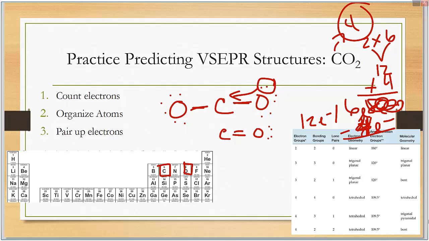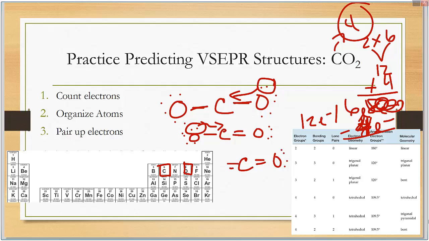Technically, that oxygen could probably share another one to have a single bond and a triple bond. But it seems more natural for the molecule to spread it out. So these electrons come over as well. So we have 2 double bonds. That's how CO2 gets 2 double bonds in it.